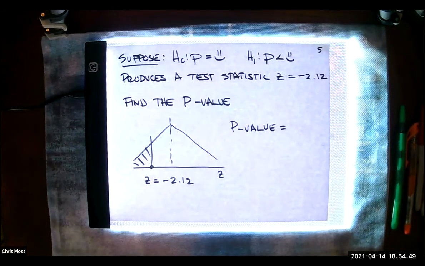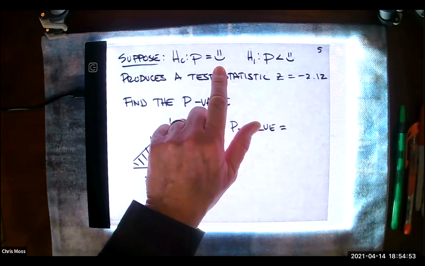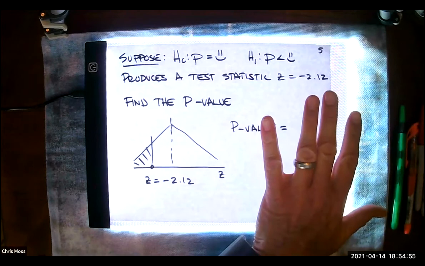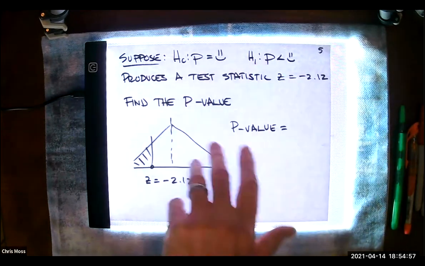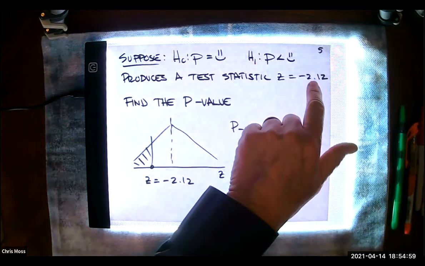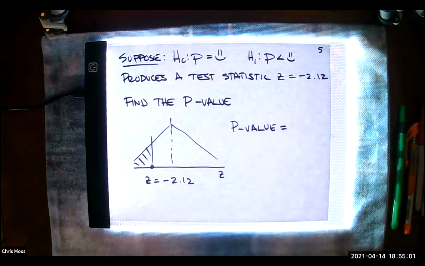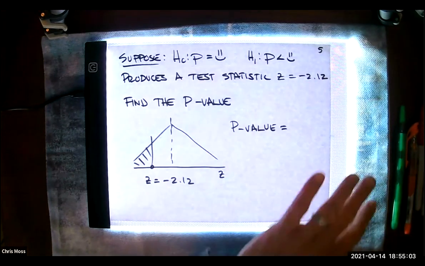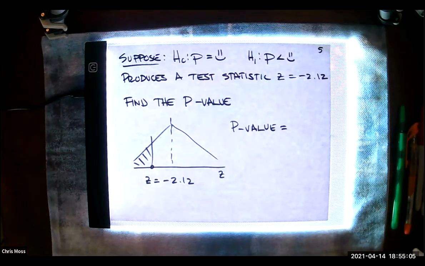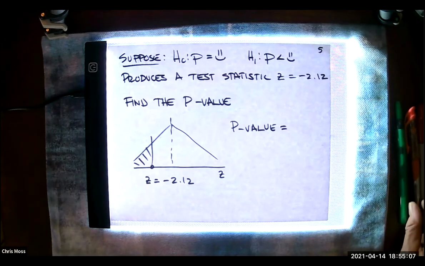The null hypothesis is about a population proportion P. The actual claim, the value in the claim, does not matter at all for the setup of the problem. It comes into play in calculating the test statistic, but since we've got that here already, we don't even need to worry about the actual claim values.